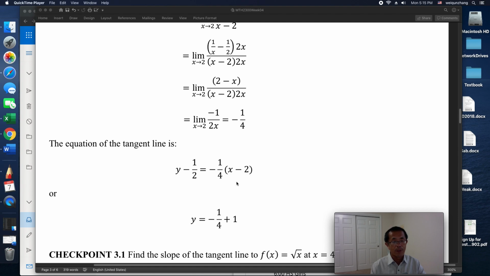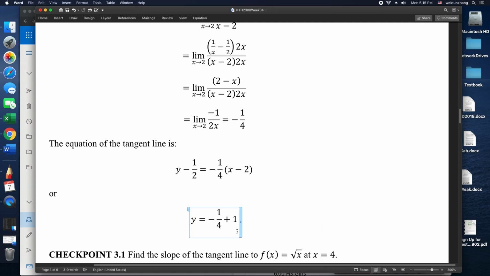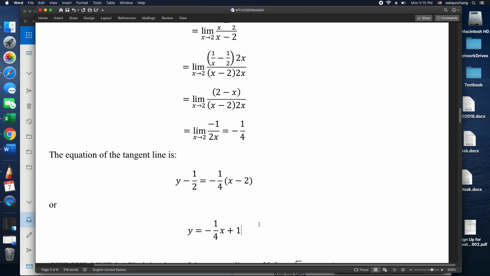This is the equation of the tangent line. Also, if you want to see it in slope-intercept form, I forgot, I need to fix this here: y equals -1/4 times x plus 1. You multiply this out and move the -1/2 to the other side. So this is the equation of the tangent line.